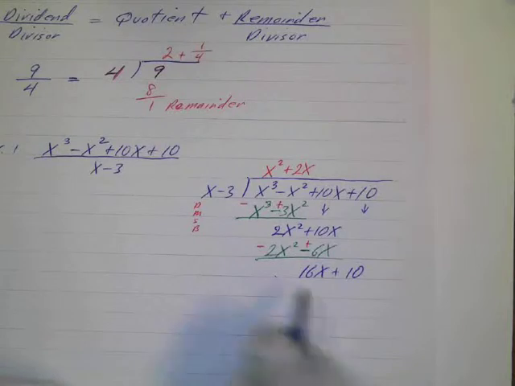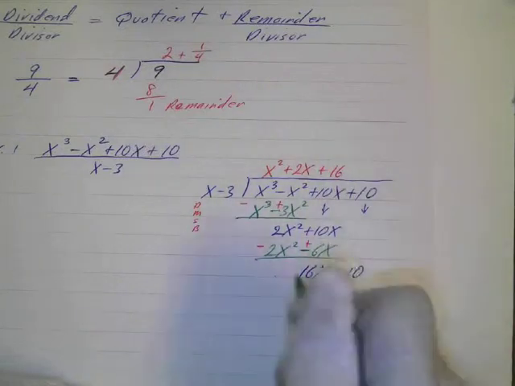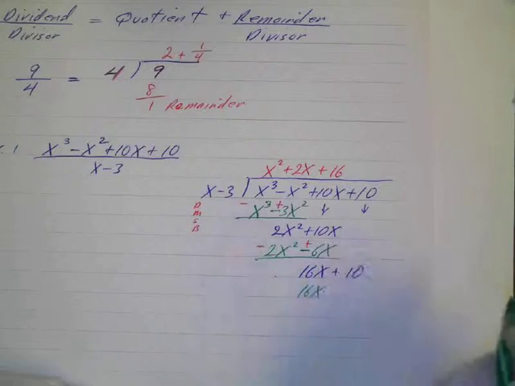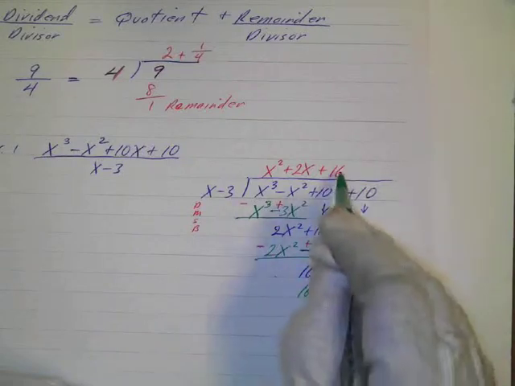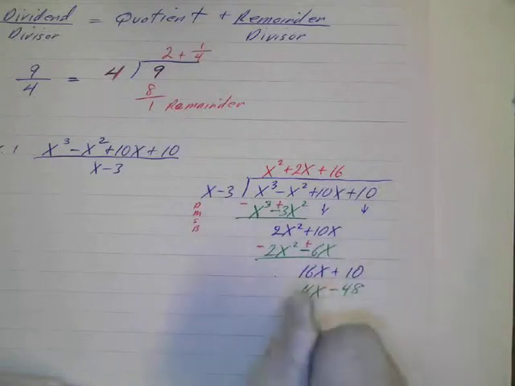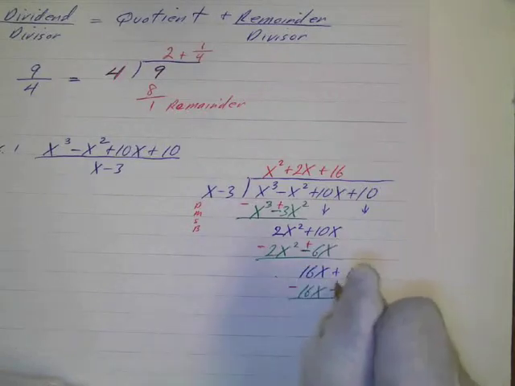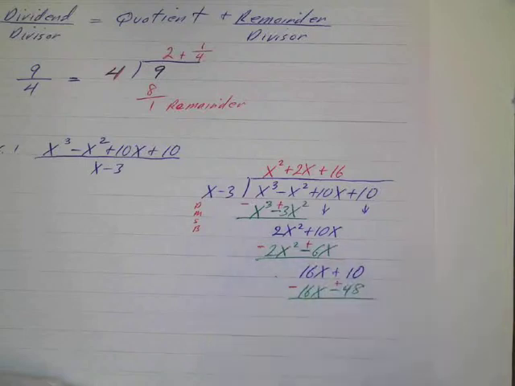I'll multiply by exactly 16. So that's going to be 16x, and 16 times negative 3 is negative 48. And I'll change my signs. That becomes 0, and that becomes 58. So there's my remainder.